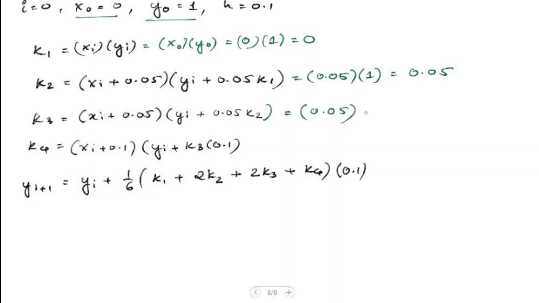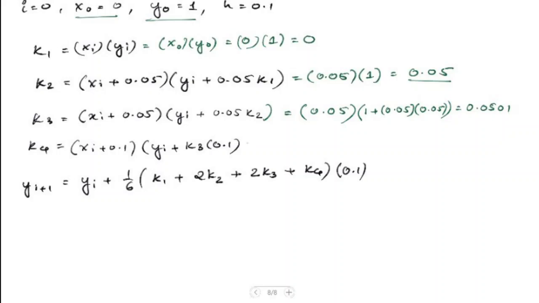So here y0 plus 0.05 times k2, so k2 value is here, we have 0.05, so you can say we have y0, which is 1 plus 0.05 times k2, that's again 0.05, and this gives us the value 0.0501.